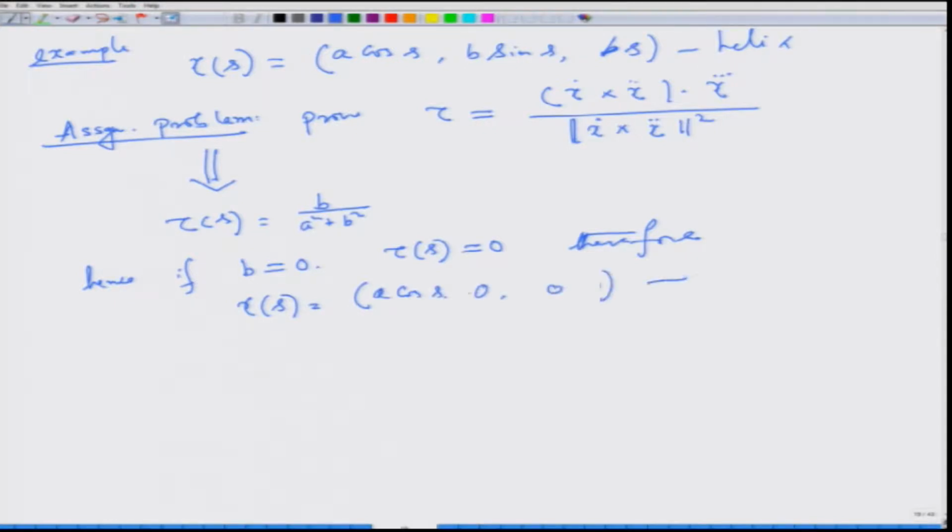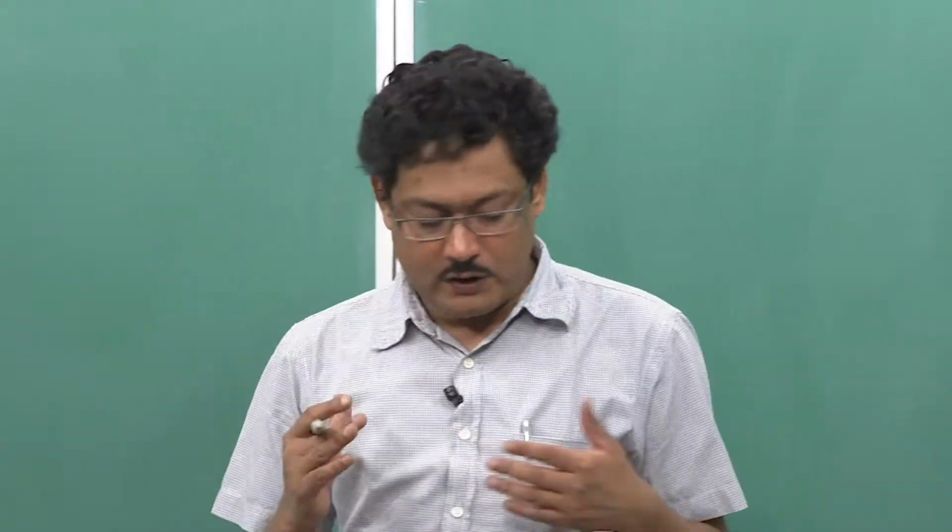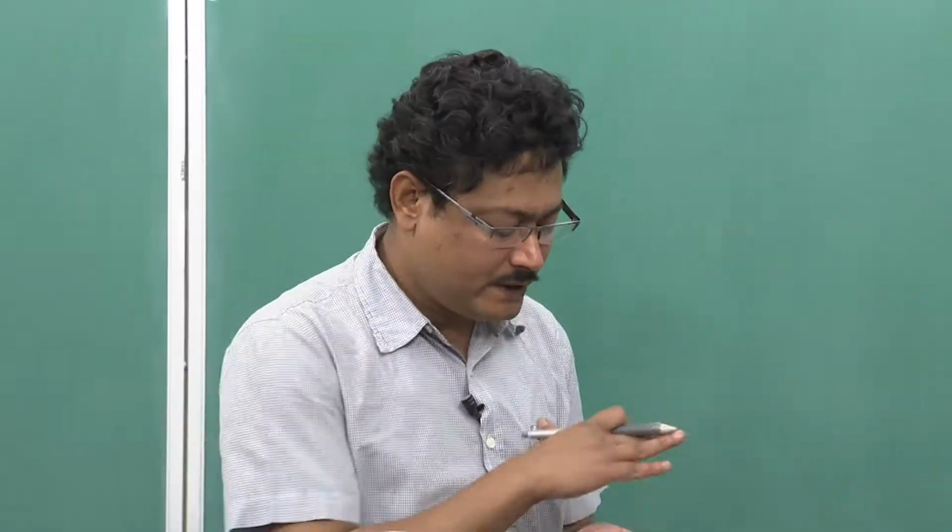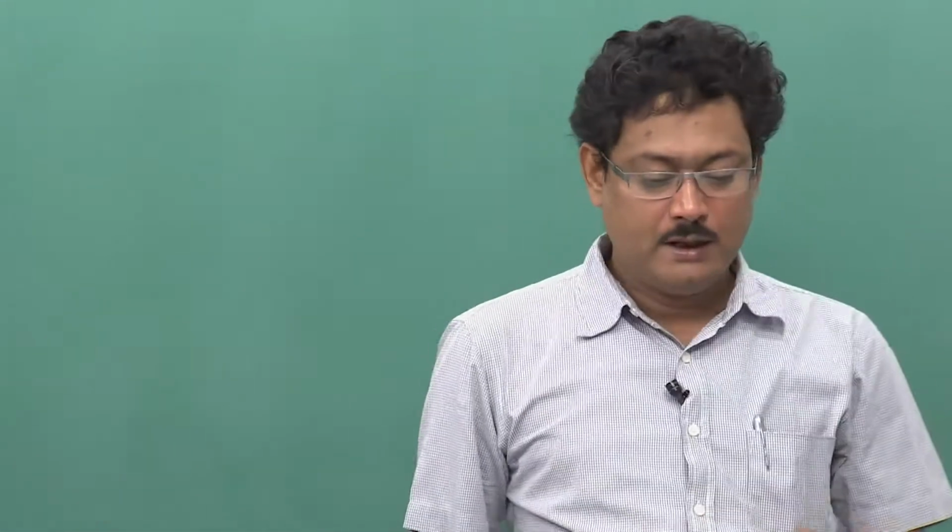This is a circle in the plane. So, this example was to illustrate that a curve in R³ is planar if and only if the torsion is 0. This torsion measures how much it lifts from the plane.